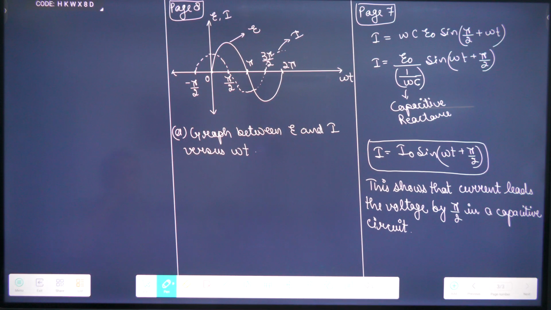Graph between E and I versus omega t. Now we are going to draw the phasor diagram for a capacitive AC circuit.